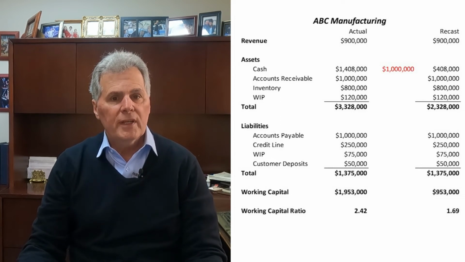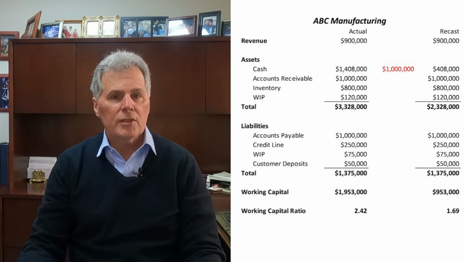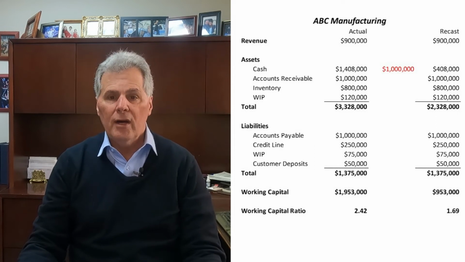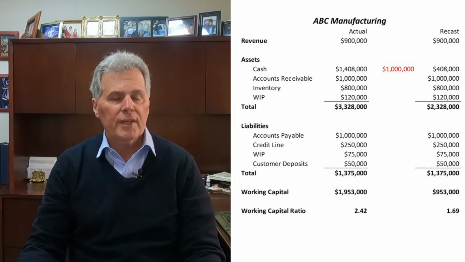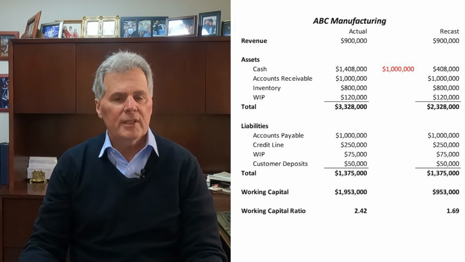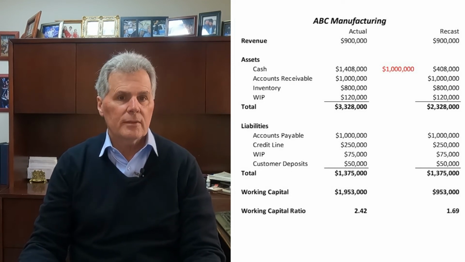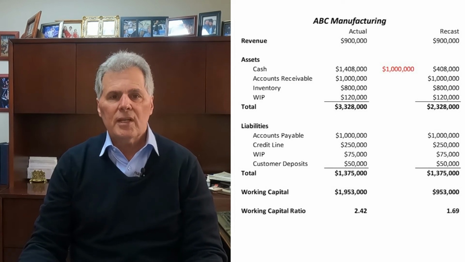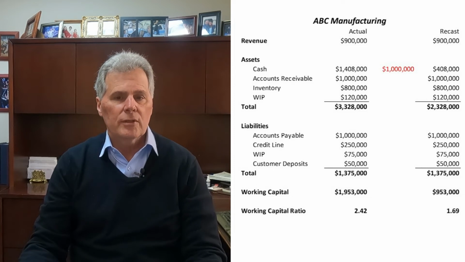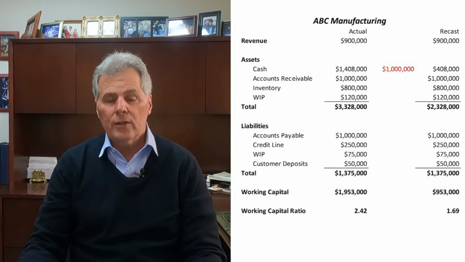What we've done here is take $1 million in cash off of the balance sheet to bring the working capital ratio down into the adequate range. So what this means to the seller is that as part of his or her sale, we would be taking $1 million in addition to the sales price as net equity to them. This recast number does leave a buyer with adequate working capital for the company.